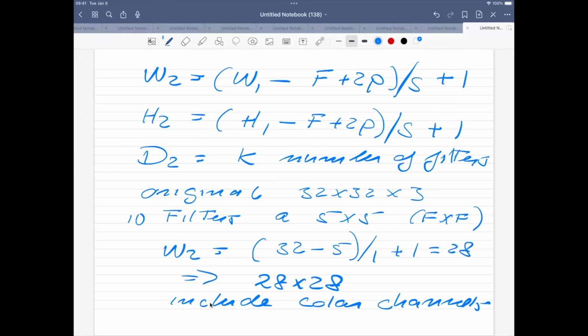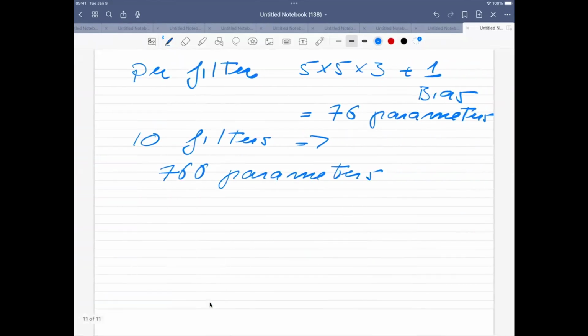And that leads to 28 times 28. So that's the dimensionality of each image here. So the parameters we need to train are typically set up by the dimensionality of the filter. We add a bias, and since we are producing 10 new images, we end up with a total of 760 parameters which we need to train.